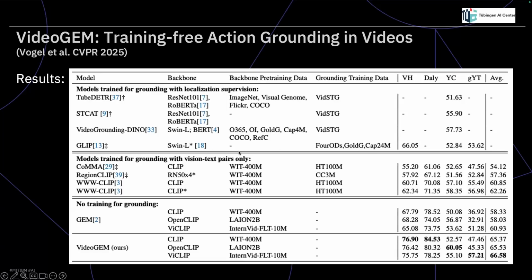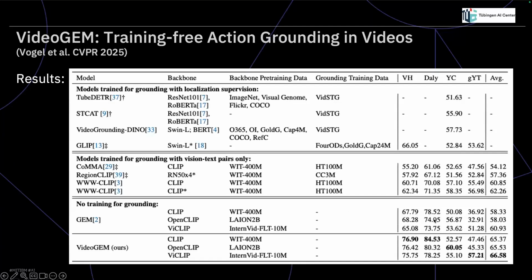The first block are the best models that use some grounding training, including bounding boxes. The second block are models that are trained to do localization, but without bounding box information. And then in the lower part, you have all the training-free models, which is mainly the original GEM that we compare to the extension that we propose.